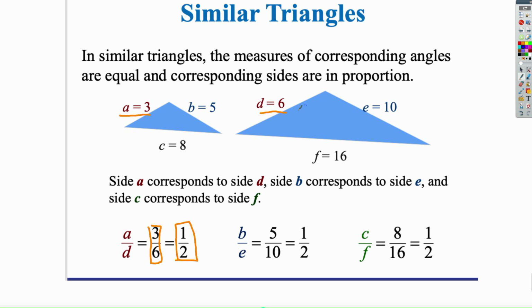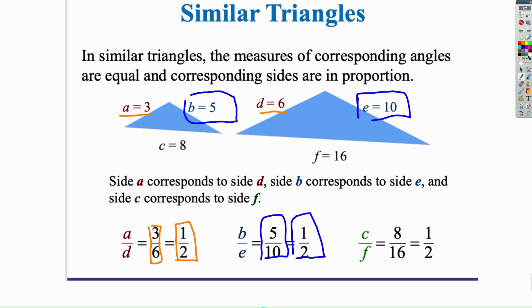For example, side B, 5 over side E, 10, 5 over 10 also gives me 1/2. If I took the remaining sides, 8 over 16, I should also get 1/2. And I do. That is what happens when triangles are similar. The two triangles are proportional to each other, but not exactly the same, which would be congruent.